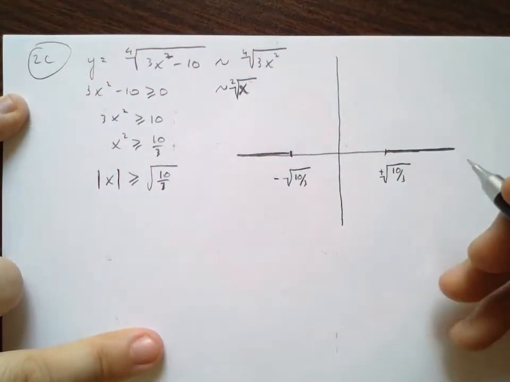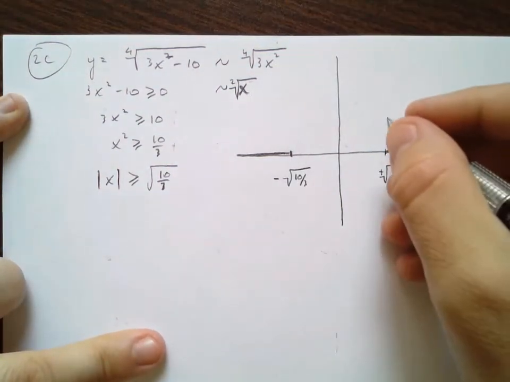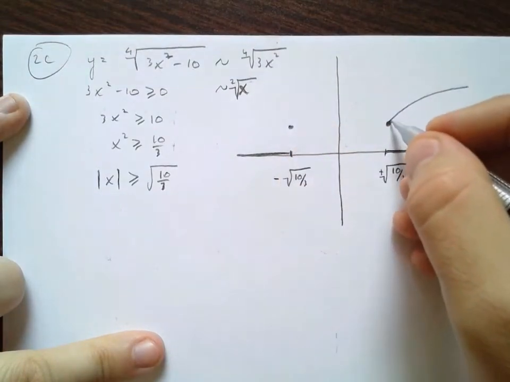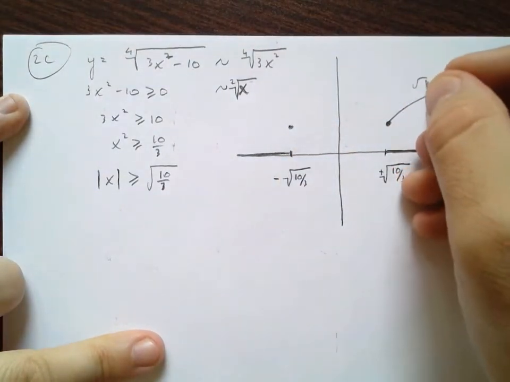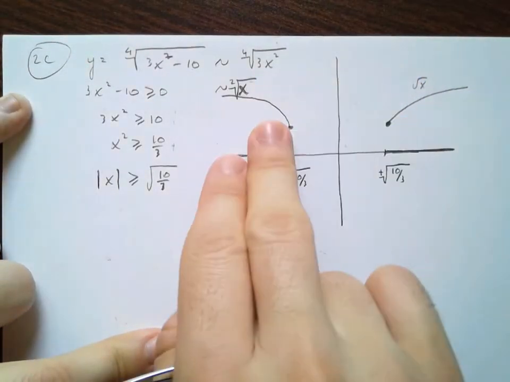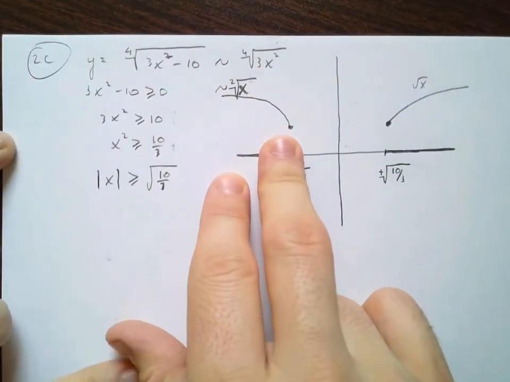Okay? And I'm going to make it look like the square root of x function. So again, this is just a rough sketch of the graph. And on the other side, I have the mirror image of the same thing.